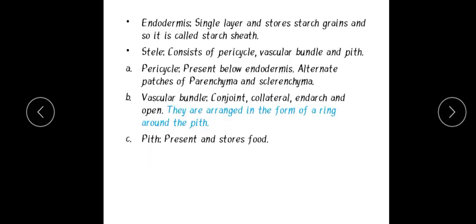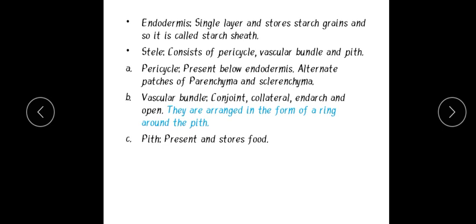Okay. Next is going to be the endodermis, which is a single layer enclosed with barrel shaped cells which are tightly packed here. Here is a layer where starch is getting stored. Such a condition we use a word as starch sheath, not sheet, you have to pronounce it as starch sheath. Okay. Inner to that you have got the stele.